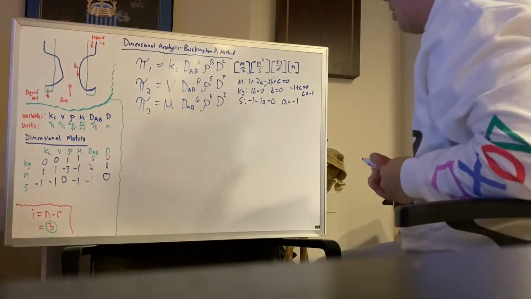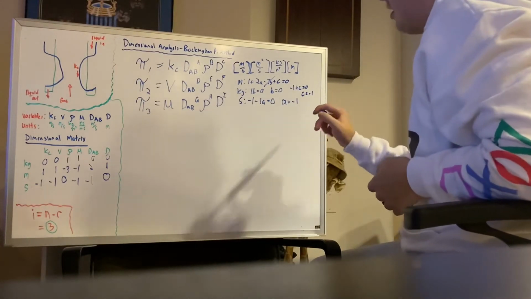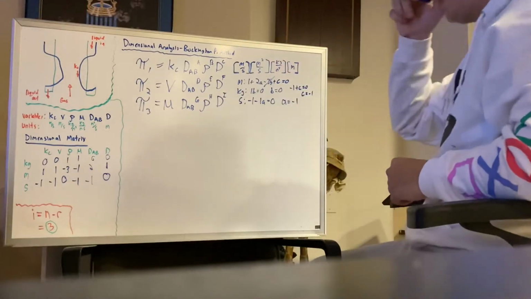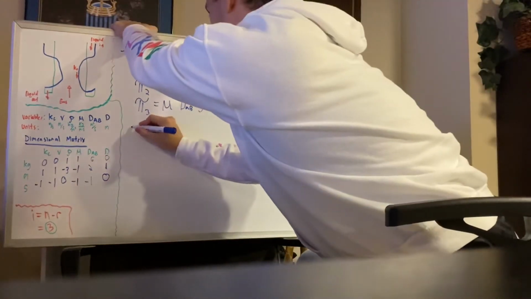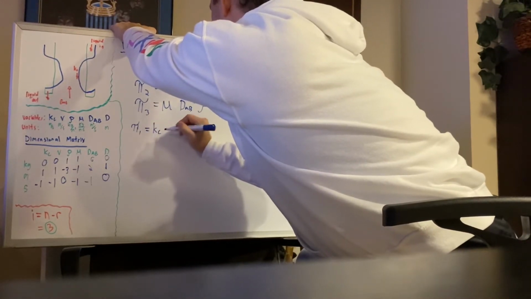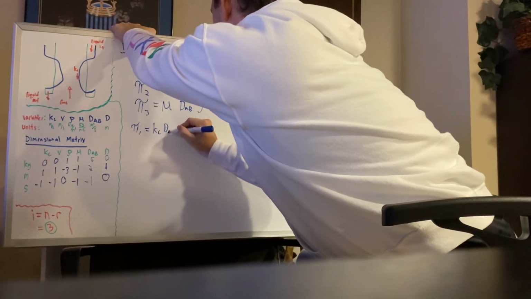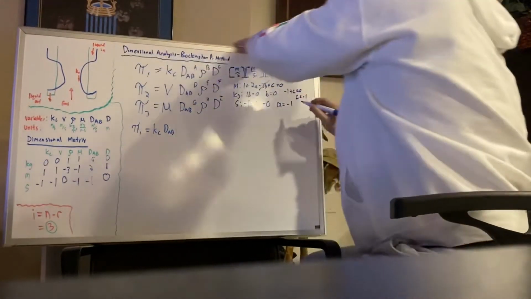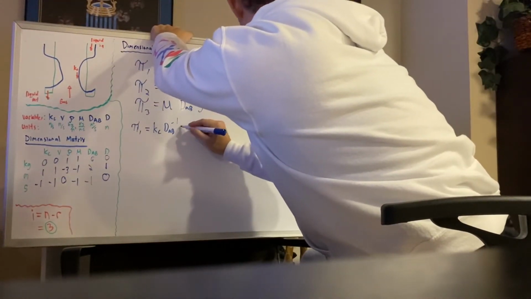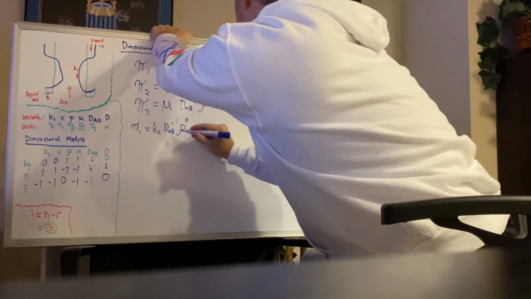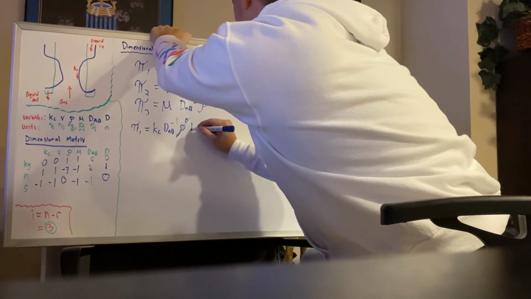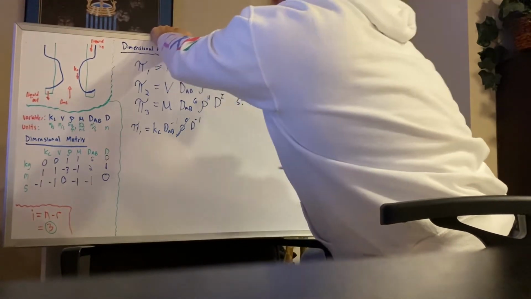And so that's very helpful with what we wanted to do. And now that we have the values of the exponents in pi 1, we can rewrite pi 1 as Kc, the mass transfer coefficient, multiplied by the mass diffusivity constant raised to the -1 power, multiplied by the density, which is to the 0 power, so that's nothing, and then the diameter raised to the -1 power as well.